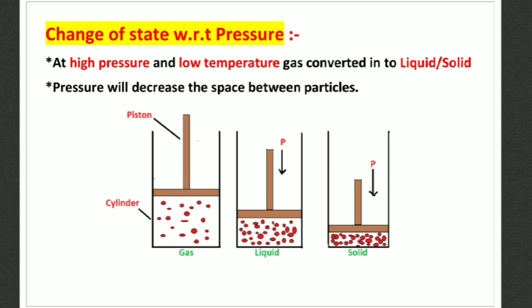Now if we move this piston downward, the volume, or the space between the particles, will decrease and it will convert into the liquid state. And again, if we press this more, it will convert into the solid state.